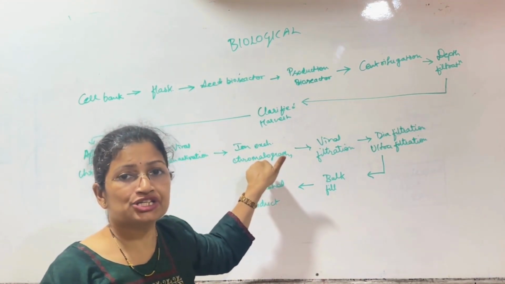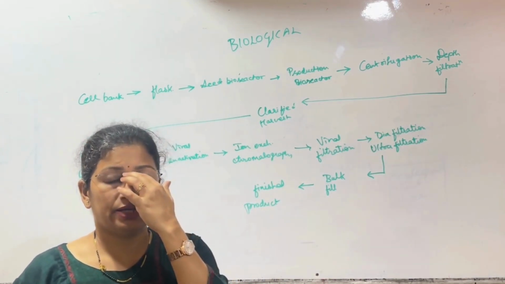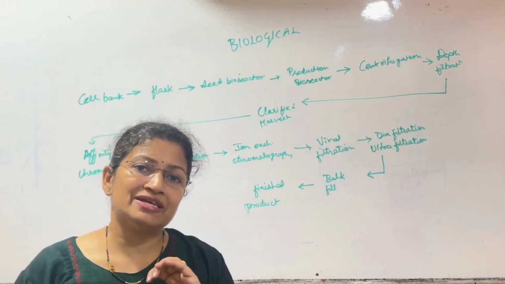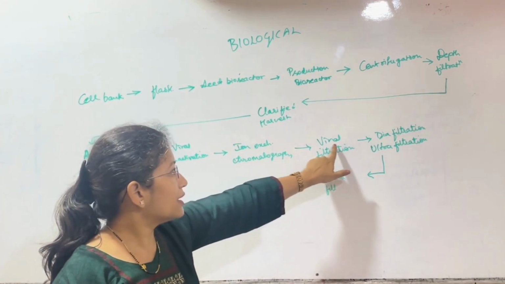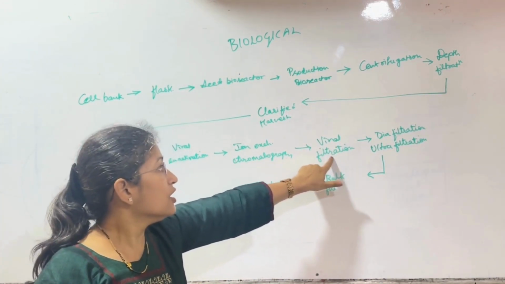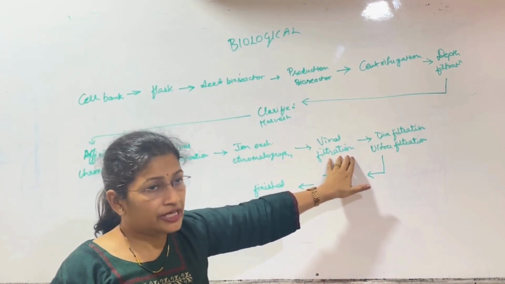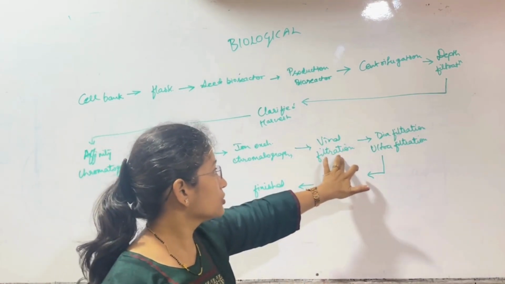Then comes ion exchange chromatography, wherein we will separate the DNAs and impurities based on their charge. Then viral filtration. Whatever viruses are there, we will try to filter them out to get a purer API.